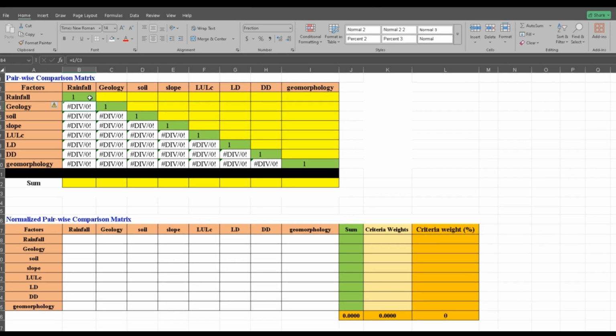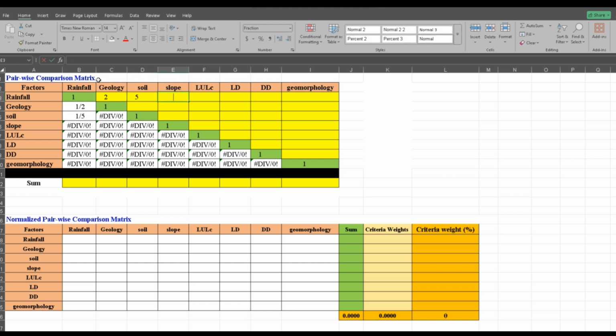Let's start by comparing and assigning the Saaty scale value under the pairwise comparison matrix. Here, rainfall versus geology. Rainfall is weakly more important than geology. Rainfall versus soil. Rainfall is strongly important.